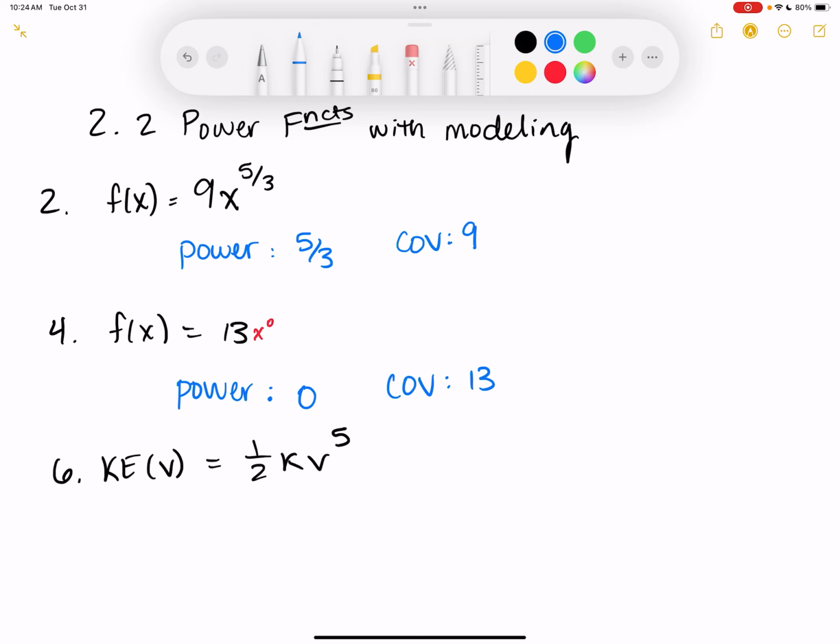Yes. What is the power? 5. Constant of variation? 1/2 k, because k is a constant. So if they tell us a letter is a constant, we also want to include that.